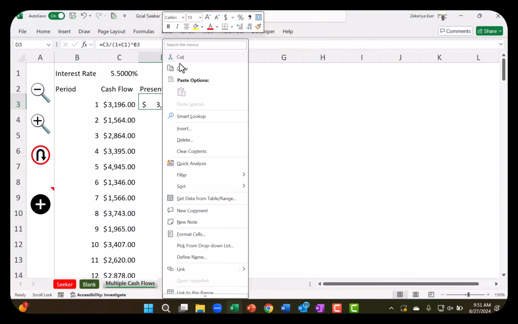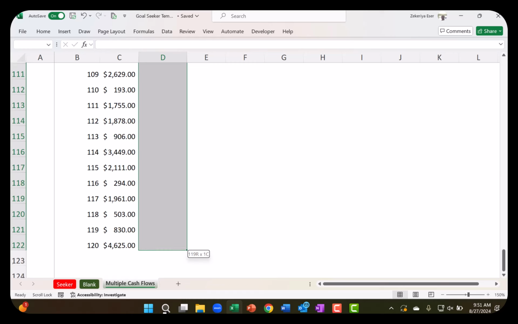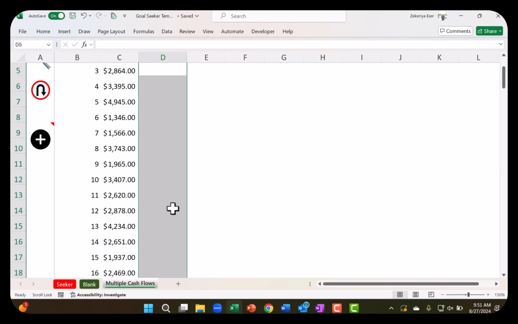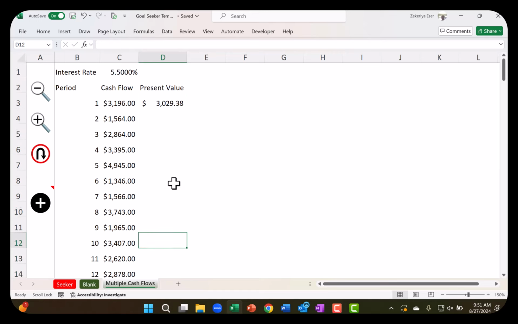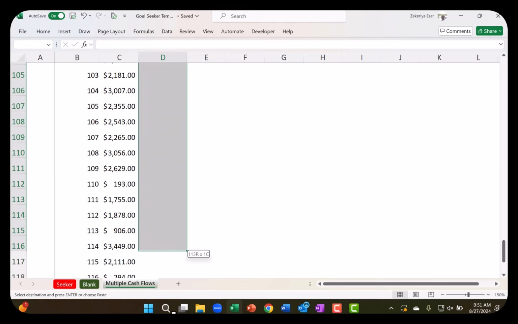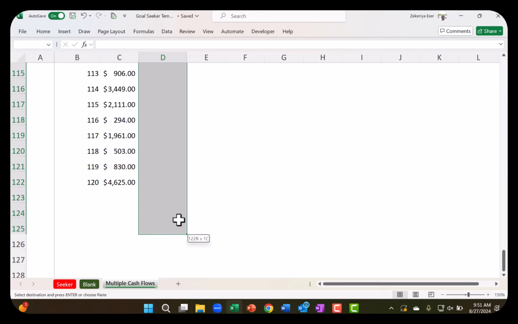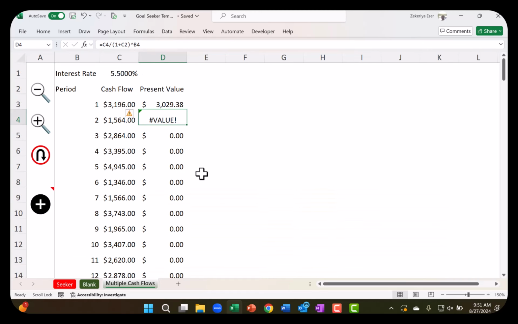So if I do this, copy, for some reason, created some issues, which we're going to come to. But that's one way of doing it.